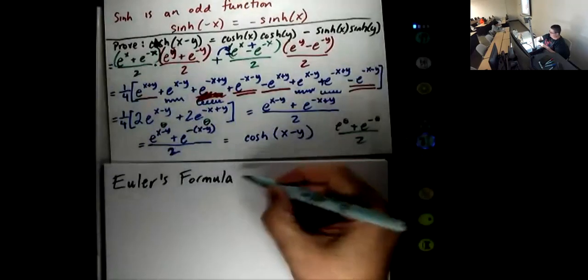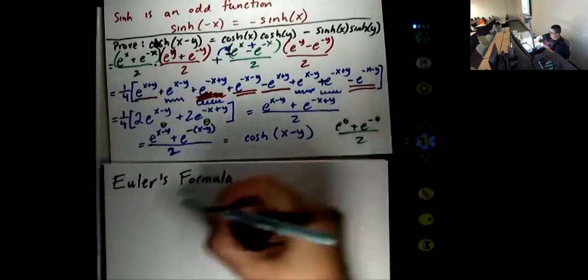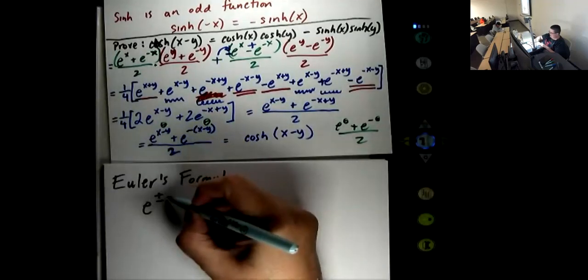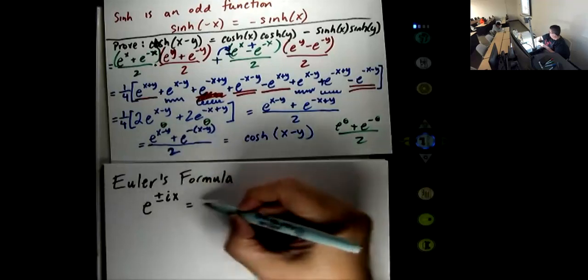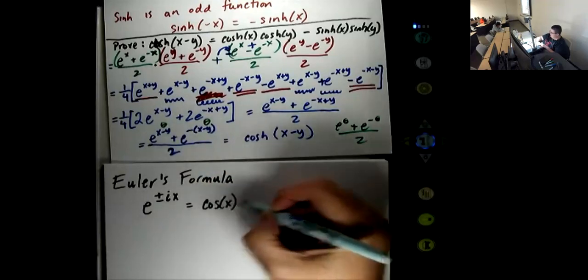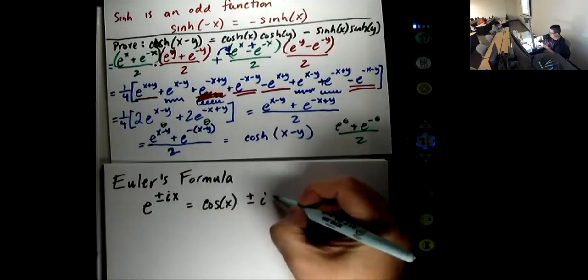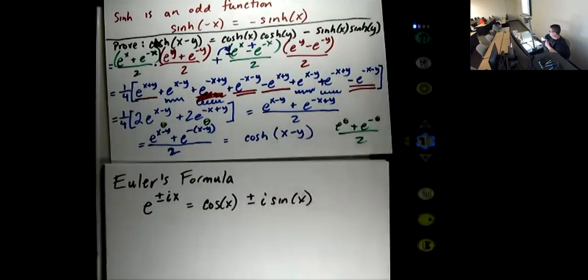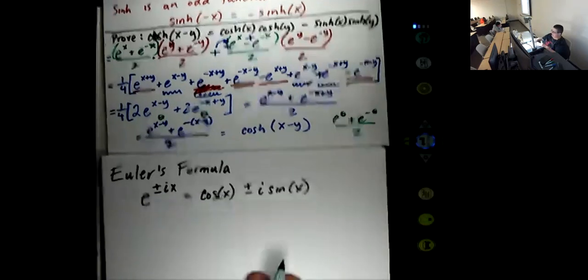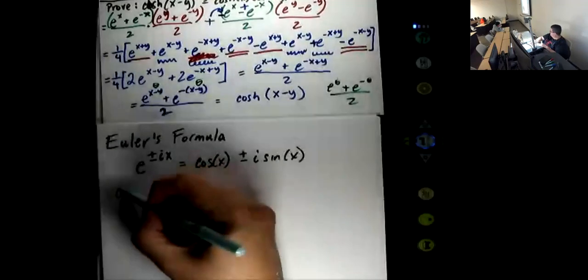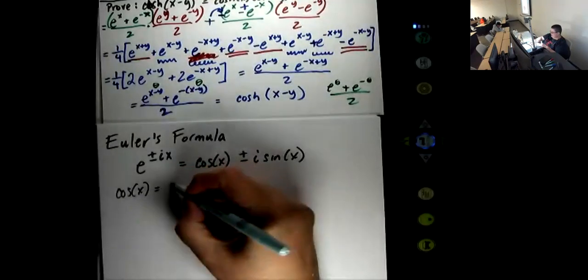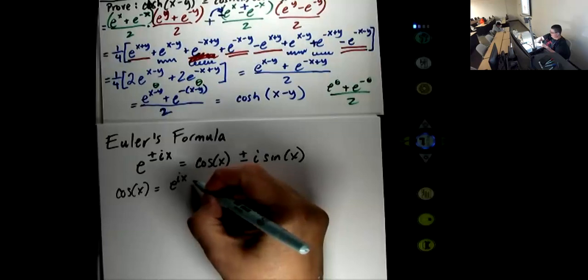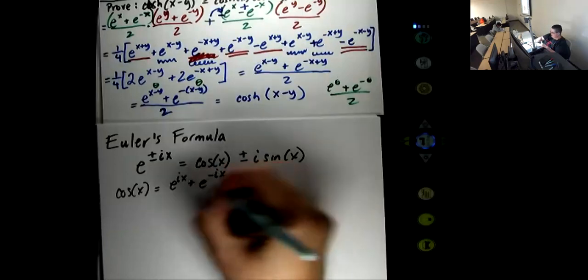Euler's formula: we have e to the plus or minus ix equals cosine of x plus or minus i sine x. So these are somewhat related to these, in that you'll see that cosine x equals e to the ix plus e to the negative ix over 2.